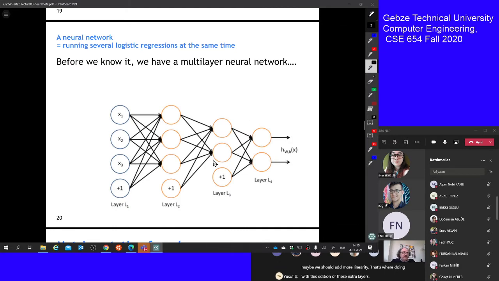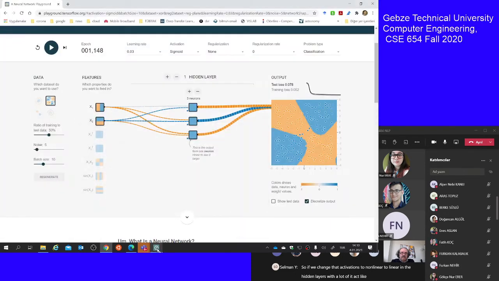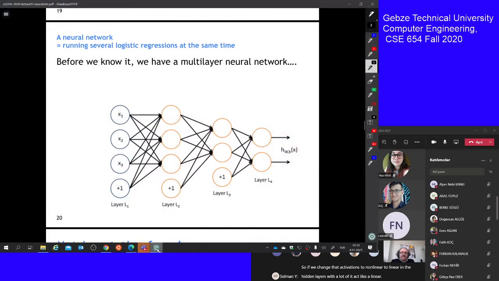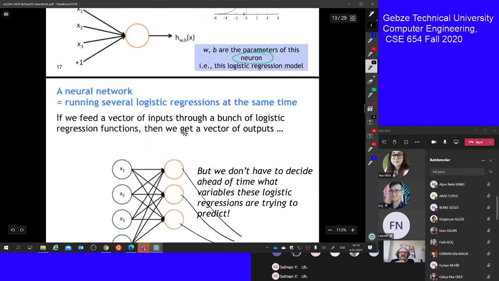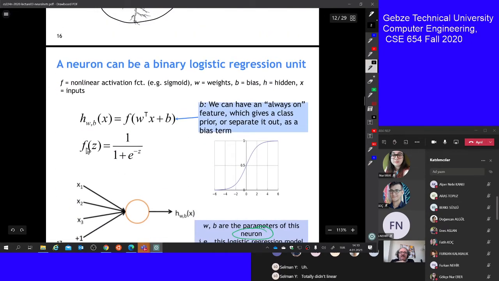If we change the activations in the hidden layers from non-linear to linear, would it act like a linear function? Yeah, totally, exactly. If, remember this, if instead of using this, let's use Z times, let's say, K1, a linear relationship.